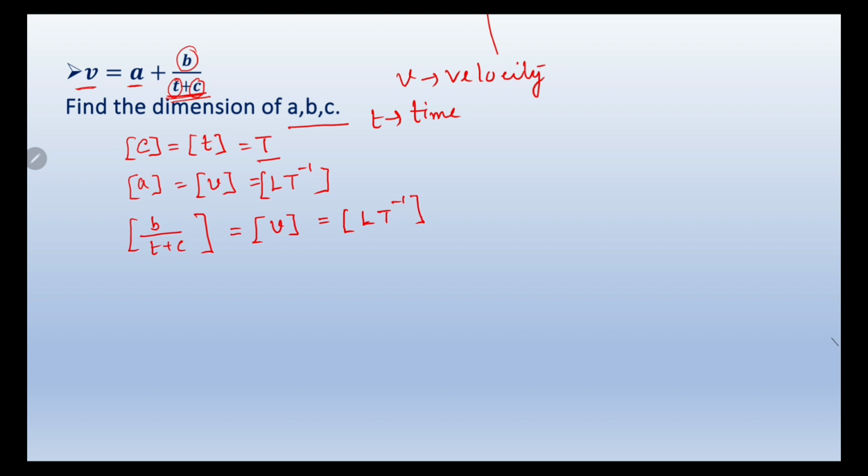We have already found that the dimension of c is capital T, so the dimension of t plus c is capital T. Just putting in the values, b by T equals L T minus 1, and the dimension of b should be equal to L. In this way you can calculate the dimension of any unknown parameter using dimensional analysis.